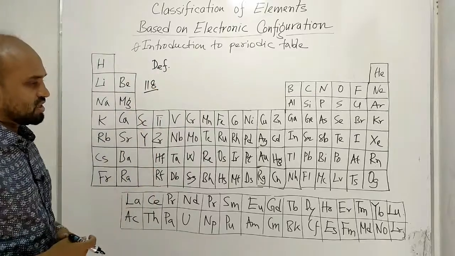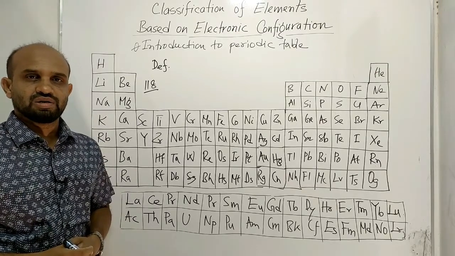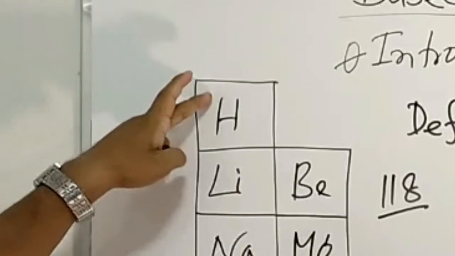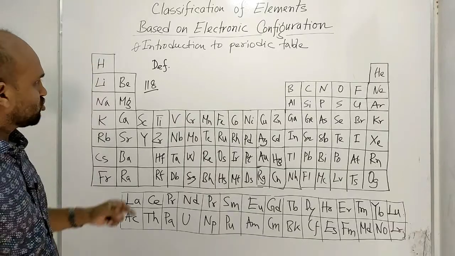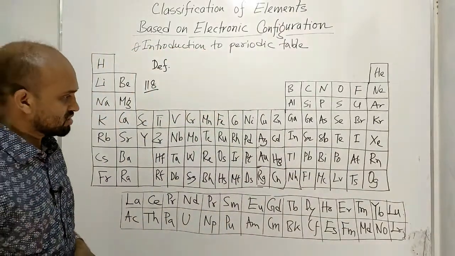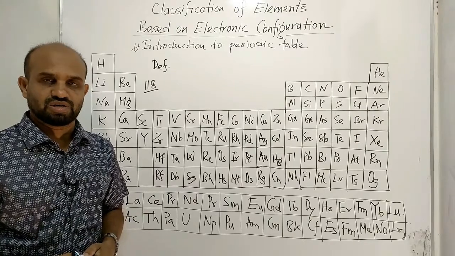These 118 elements are arranged according to their atomic numbers. Atomic number 1 position is first position. Atomic number 118 position is the 118th position. So elements are arranged in this periodic table according to their atomic numbers.